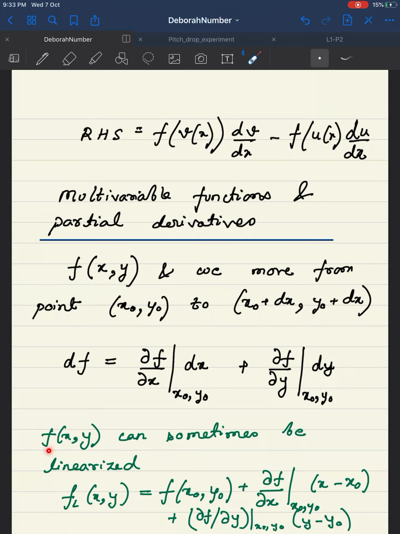Then sometimes this function can be linearized, and this is also called the standard linear approximation of f at x naught, y naught. In that case you can write it as f of x naught, y naught plus the first partial derivative of f with respect to x evaluated at x naught, y naught multiplied by x minus x naught, plus del f by del y again evaluated at x naught, y naught multiplied by y minus y naught.